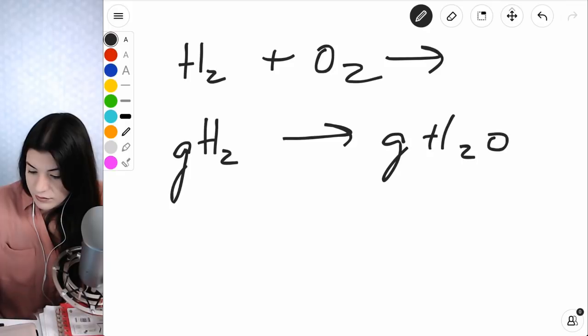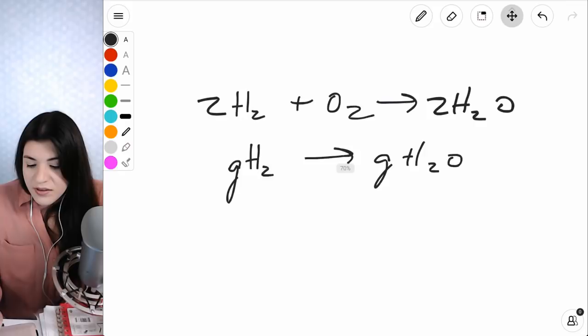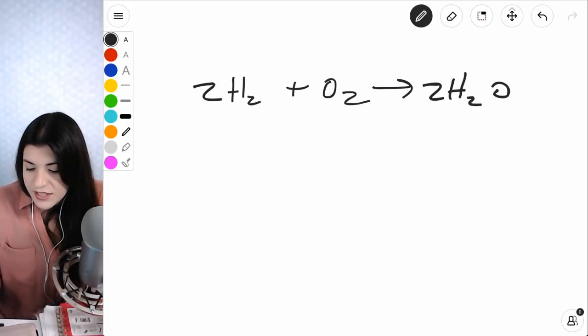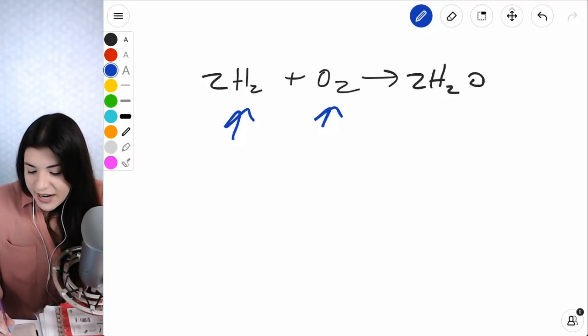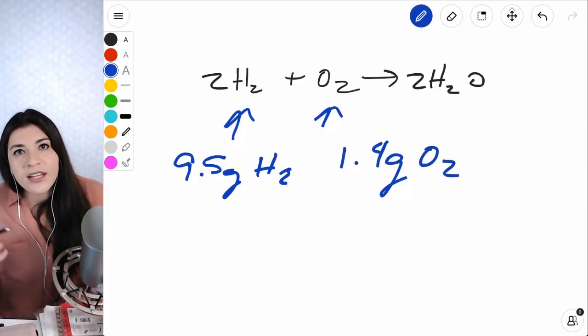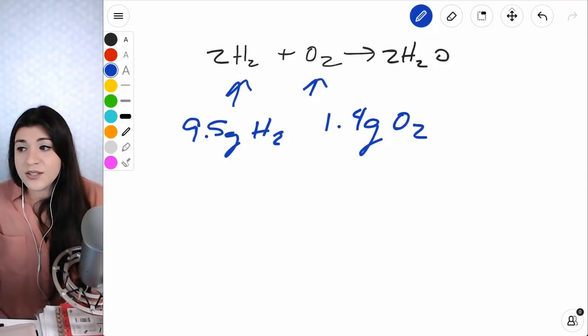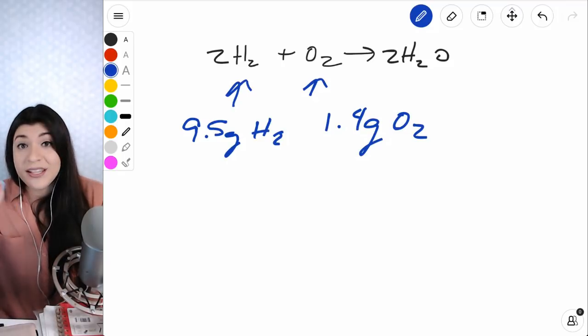Here we go. Balance this real quick. Okay. So let's say we did this previously, and I was given a certain amount of H2 and a certain amount of, I don't remember what I said before, let's say grams of O2. If we first find our limiting reactant, which is the reactant that is used up the fastest, think of it as the one that is going to produce the least amount of product.